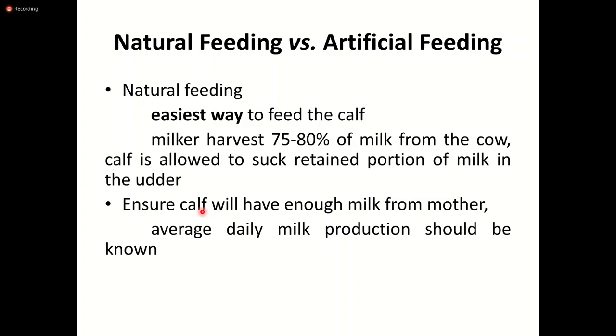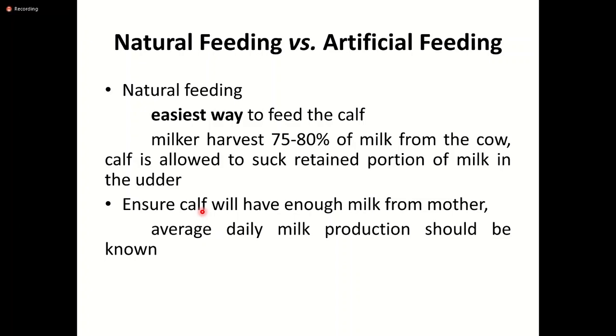Sometimes they will be drinking a lesser volume of milk, sometimes a higher volume, which is more than the requirement, right? It can happen, but that is the very easiest way, less labor intensive. We can let the animal be with their mom and consume whatever milk the mom has. That's the way we do natural feeding.